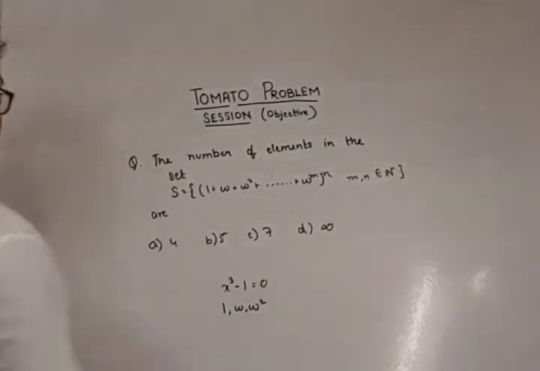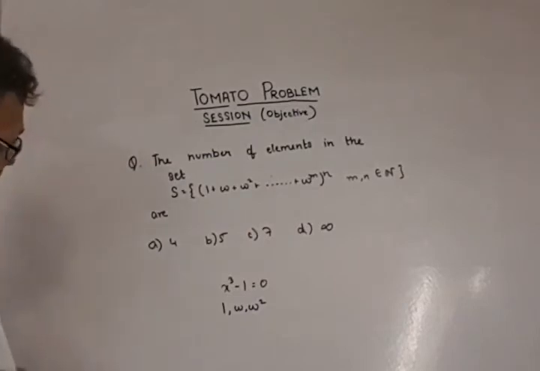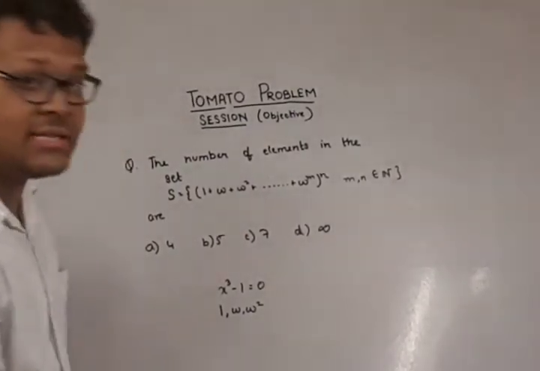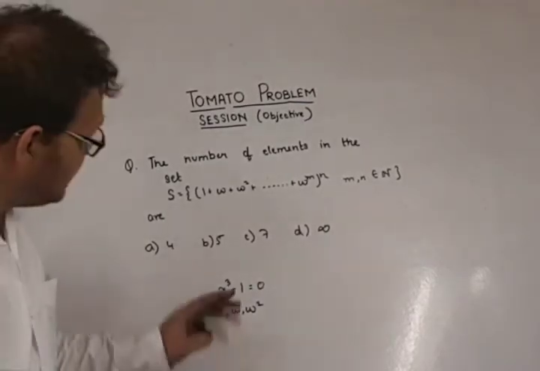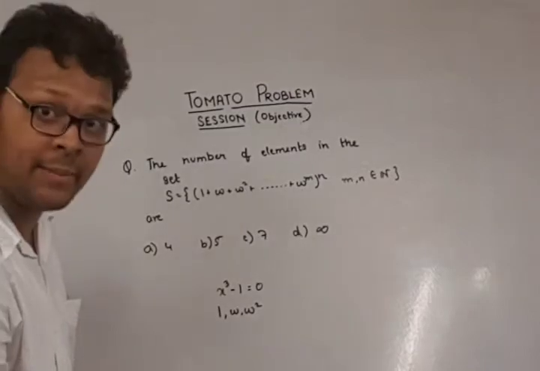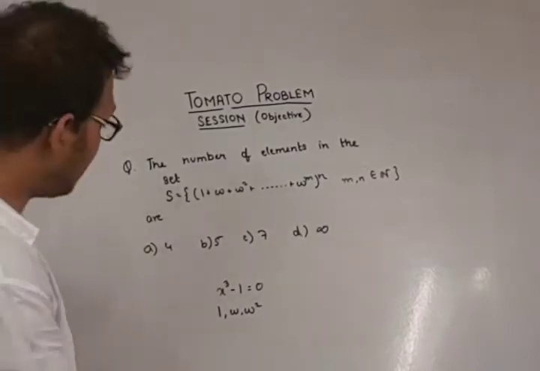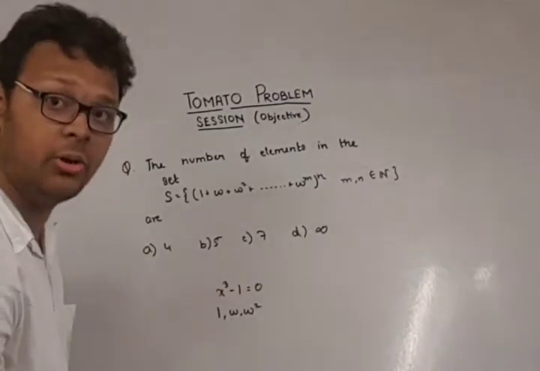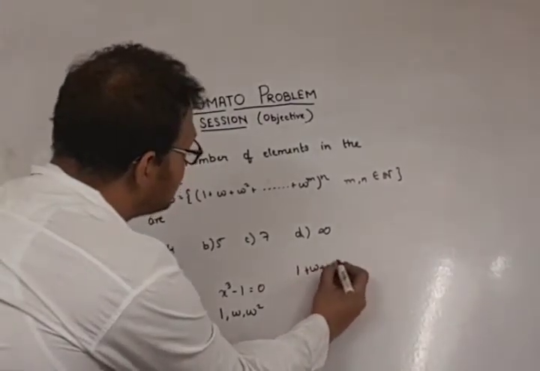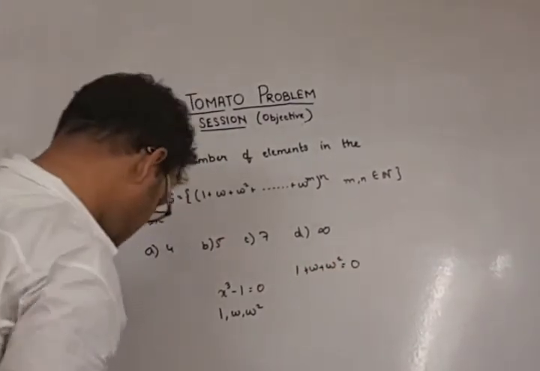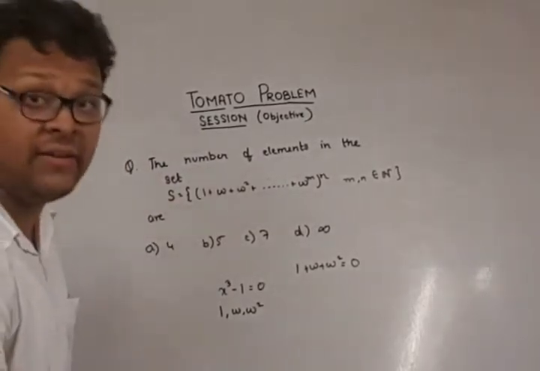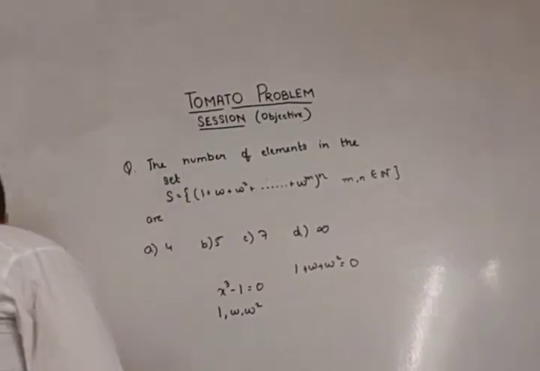From the theory of equations, the sum of the roots equals the coefficient of x square divided by the coefficient of x cubed, but the coefficient of x square here is 0. Therefore what we get is 1 plus omega plus omega square equals 0. That was the driving concept that will solve this problem.